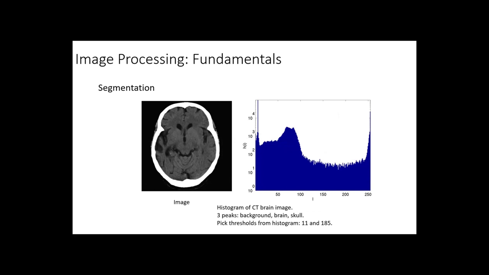If you look at this histogram, we see two peaks. One is around the background because this is all black, dark pixels, and this is very bright. So we see another peak here.